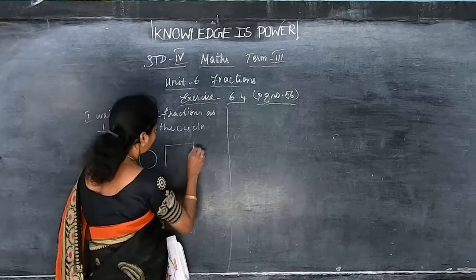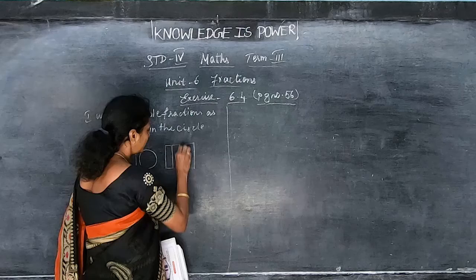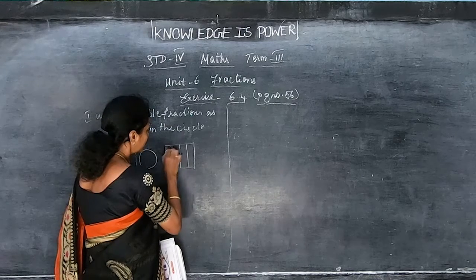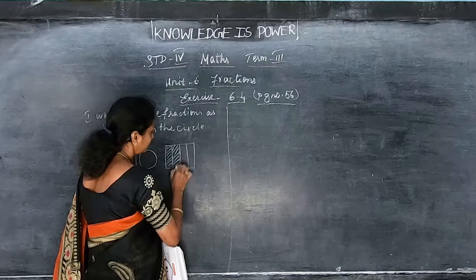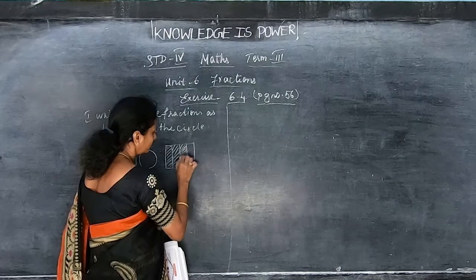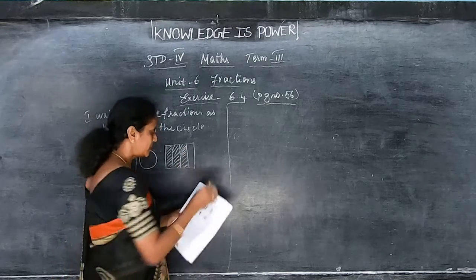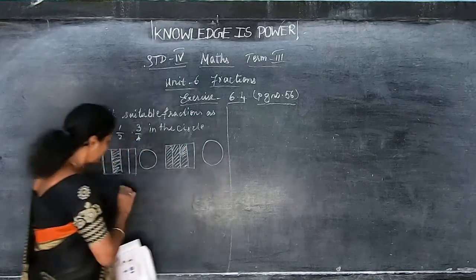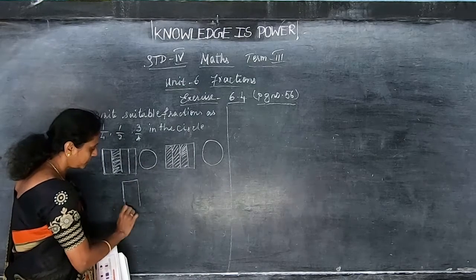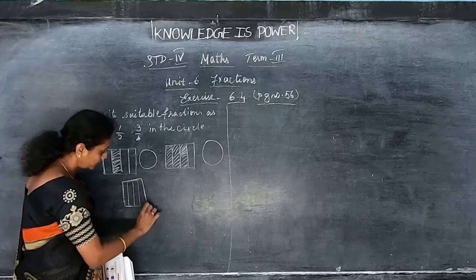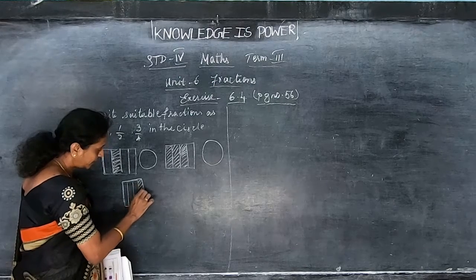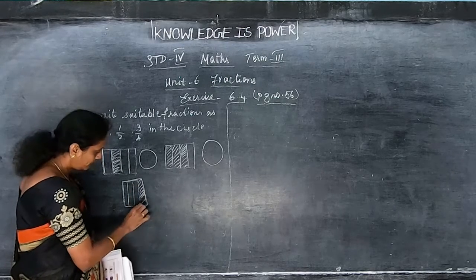Here 4 parts are given and 3 parts are shaded. Three parts. Here also we have to say this. Here in this, 1, 2, 3 and 4, there is 1 part shaded.